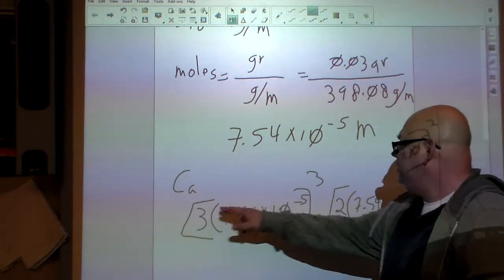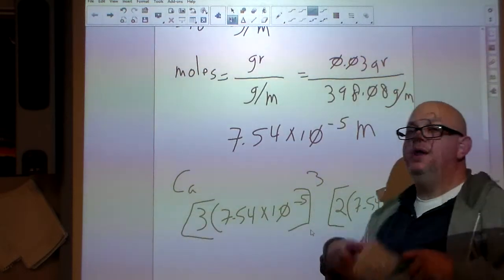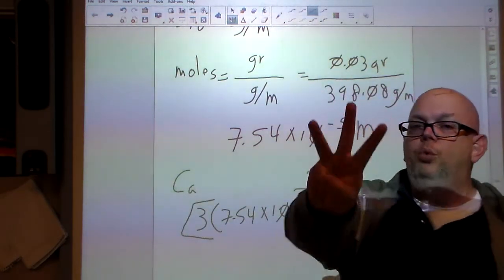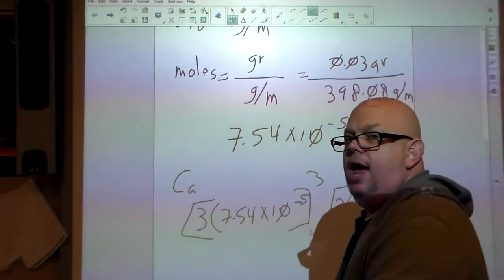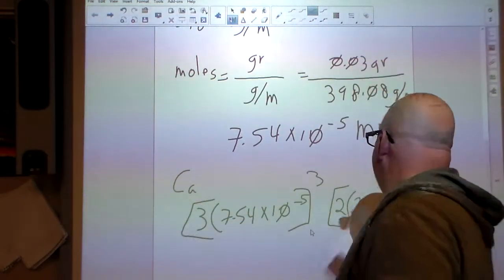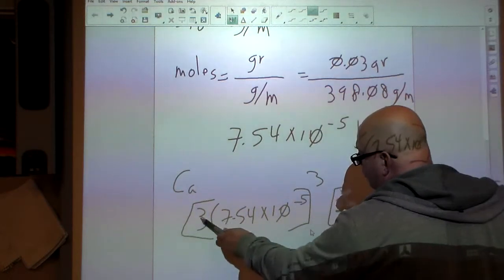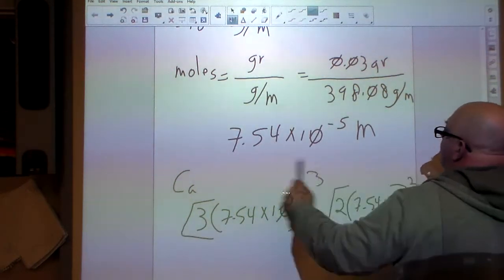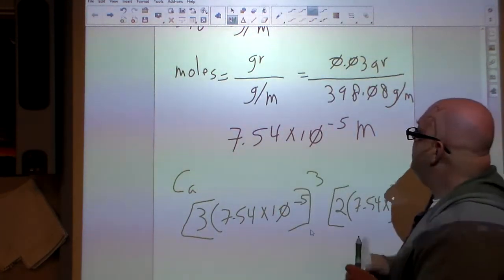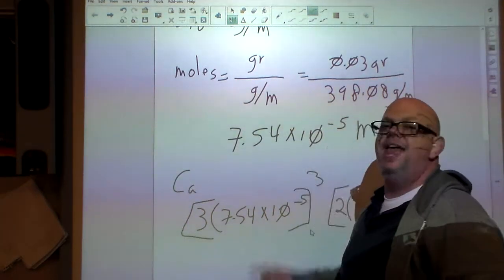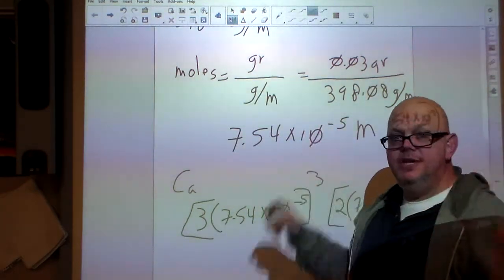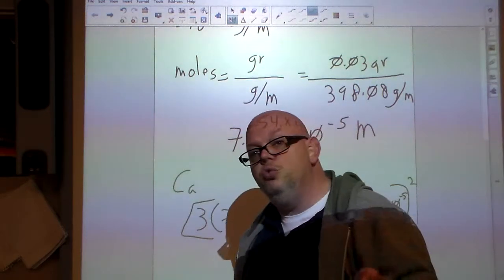Now you'd say, well, wait a minute, what's up with the 2 and the 3? Well, remember, when it breaks down, you've got 3 calciums and 2 arsenates. That's why you see this here. It's triple the concentration that we originally have. This is the concentration for the entire Ca3(AsO4)2, you see.